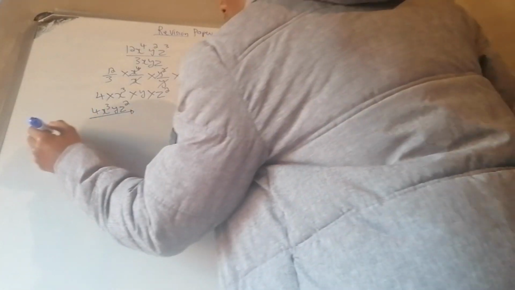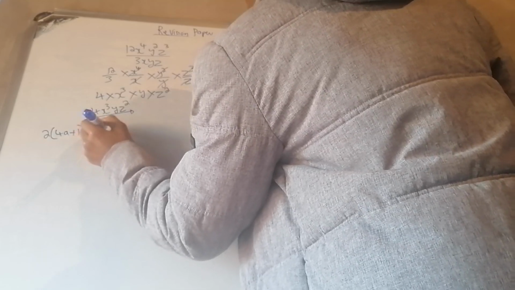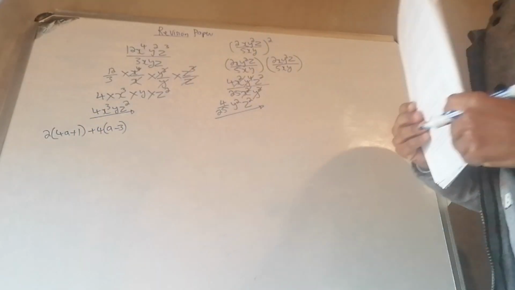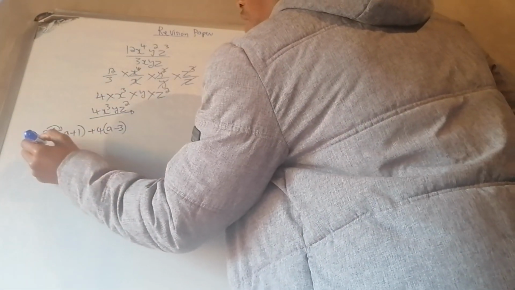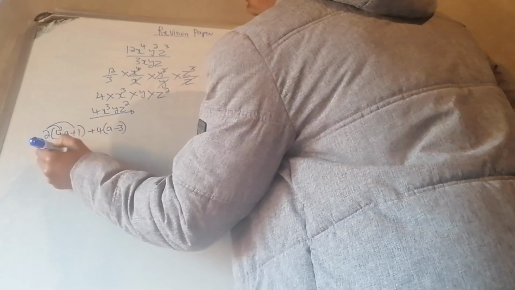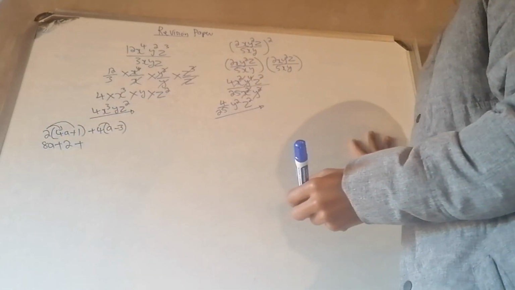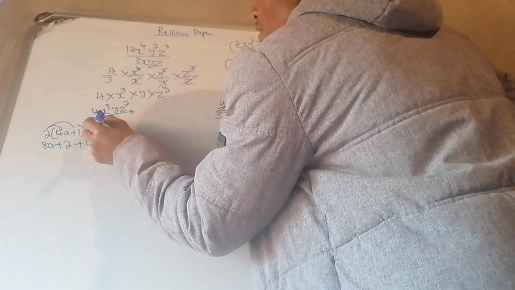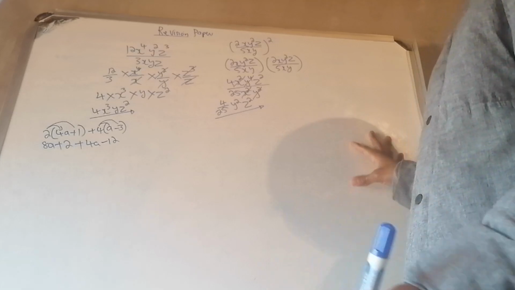Another one: 2 into 4a plus 1 plus 4 into a minus 3. Now if I multiply, 2 times 4a is 8a, plus 2 times 1 is 2, plus 4 times a is 4a, 4 times negative 3 is negative 12.